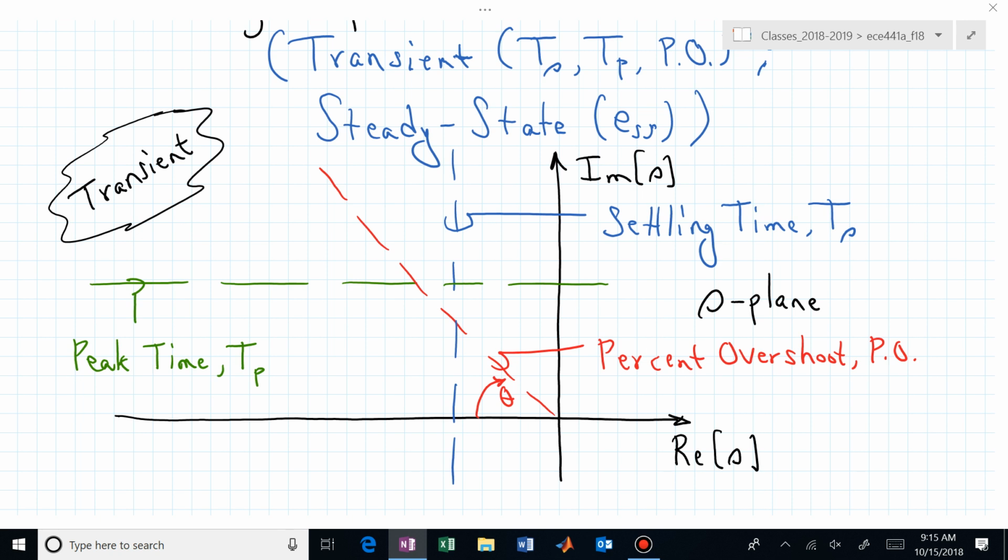Now, here's something into the future. On the exam, you're focusing on a pure two-pole system. In the future, we'll start putting zeros in there, and that throws things off. You put a zero factor in there, and that makes your percent overshoot larger yet.